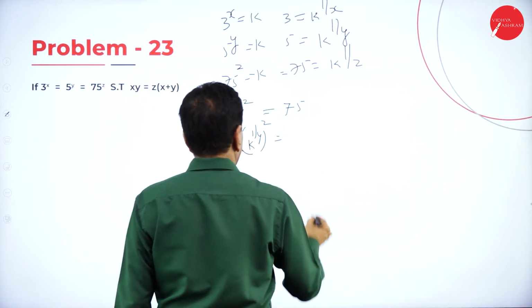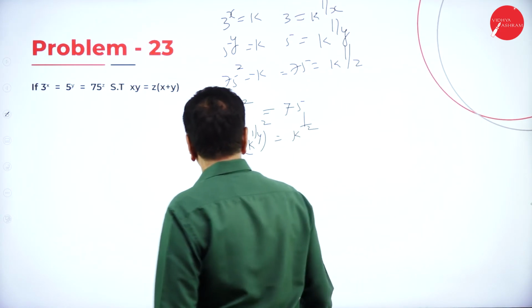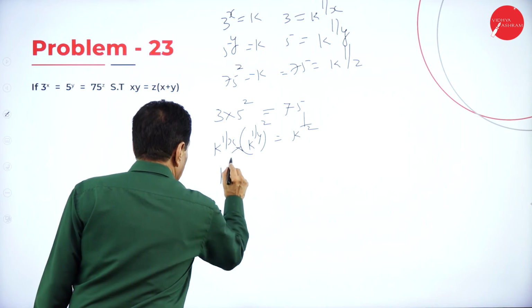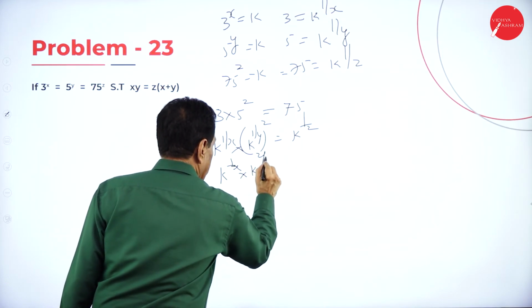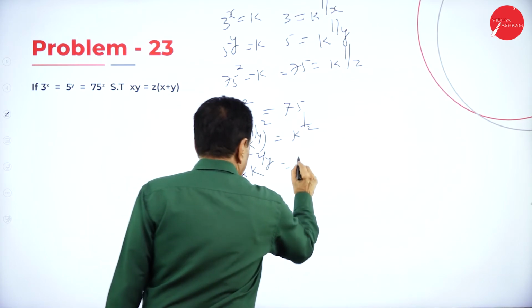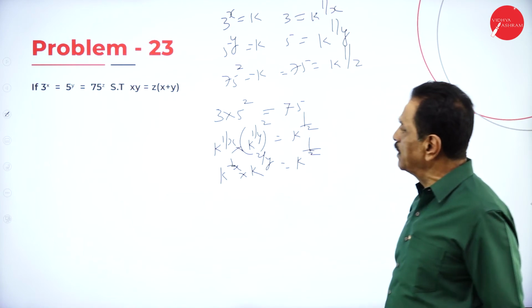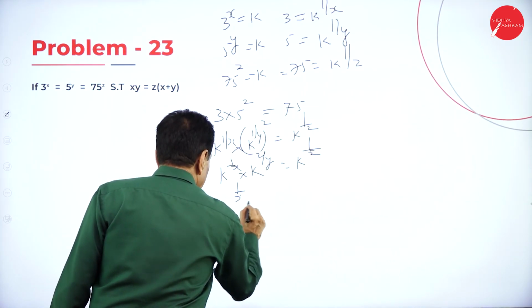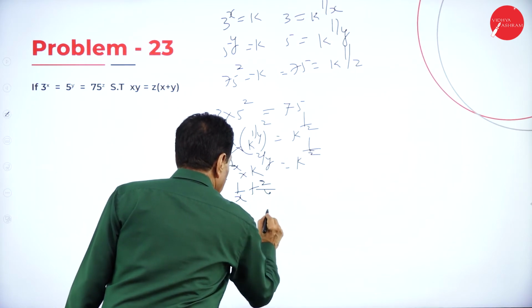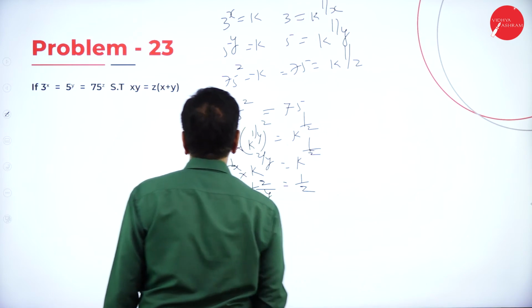What is 75? k to the power of 1 over z. This is nothing but k to the power of 1 over x, k to the power of 2 over y, equals k to the power of 1 over z. When the bases are common, exponents can be added. This is 1 over x plus 2 over y is equal to 1 over z.